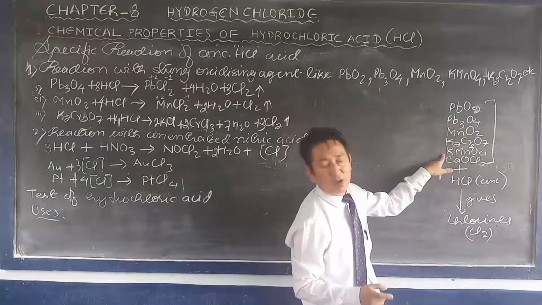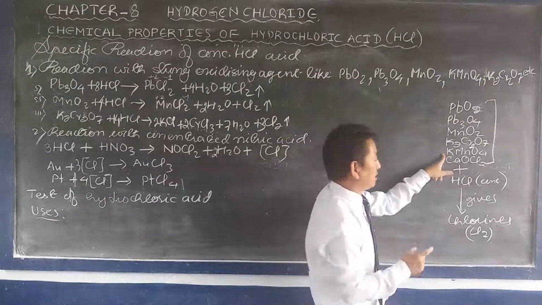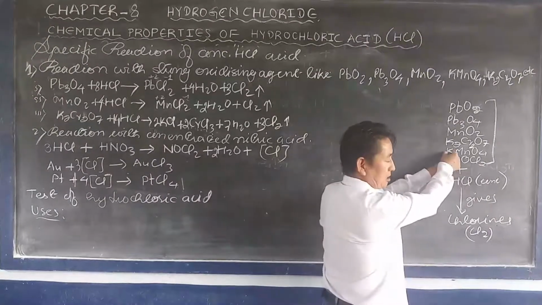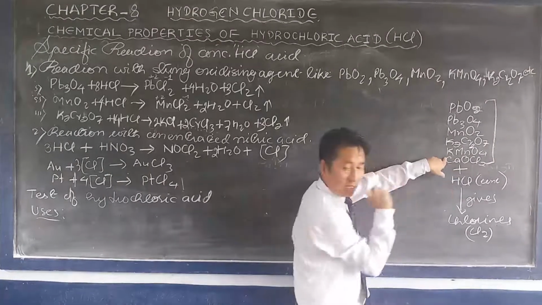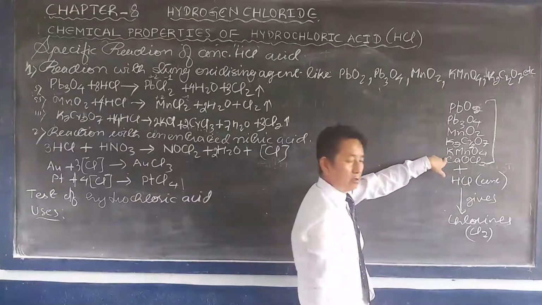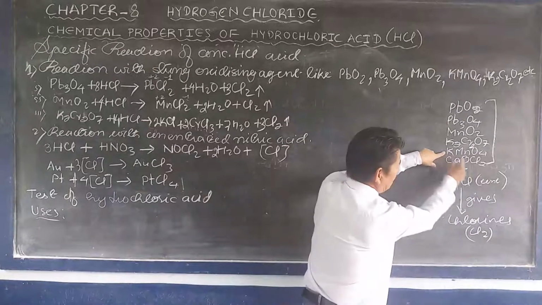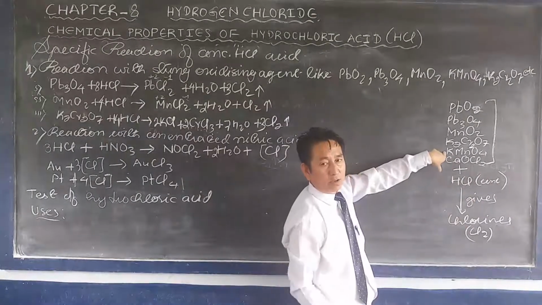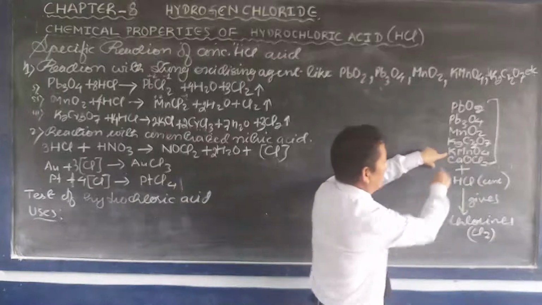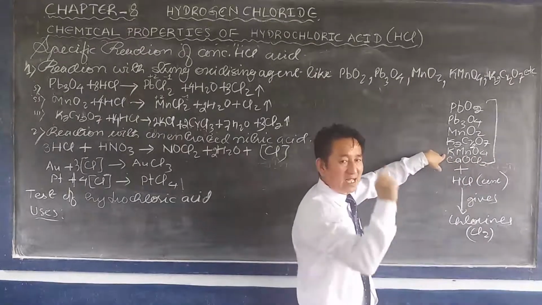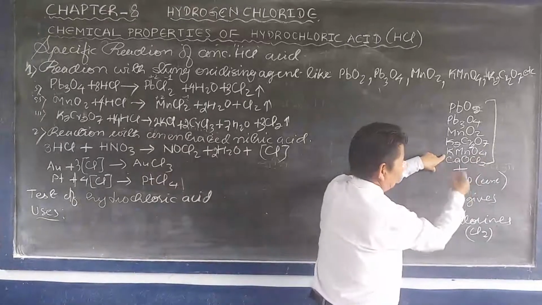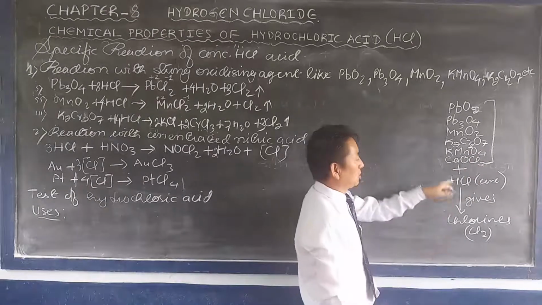Here similarly, potassium permanganate contains two basic radicals, potassium and manganese. When it is treated with hydrochloric acid, greenish yellow chlorine gas is evolved. Potassium combines with the chloride of hydrochloric acid, potassium chloride. Manganese combines with the chloride of hydrochloric acid, manganese chloride. Oxygen combines with hydrogen, water molecule.